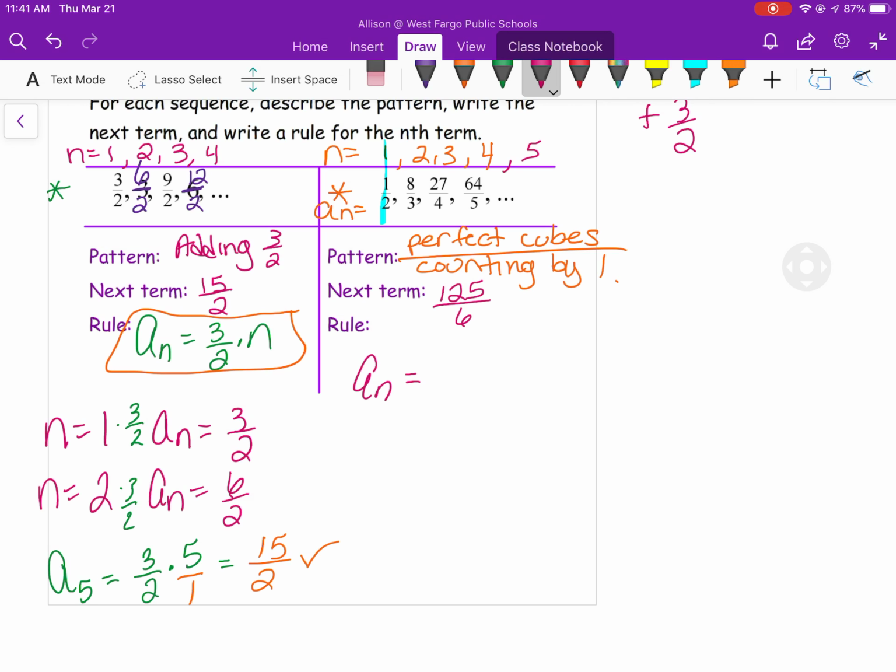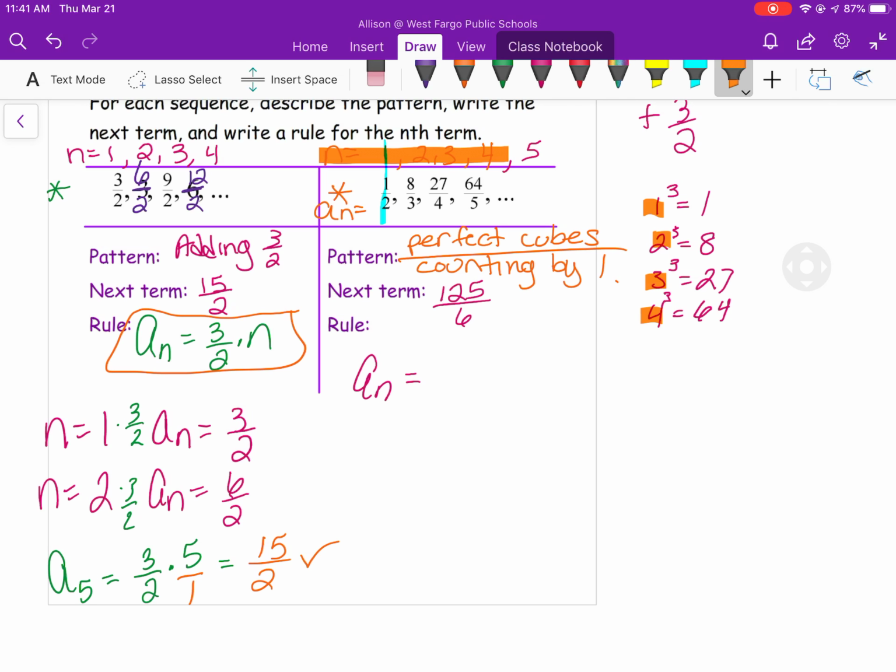Now for my rule, I know that 1 cubed is 1, 2 cubed is 8, 3 cubed is 27, and 4 cubed is 64. So notice how those numbers, 1, 2, 3, 4, correspond to my n equals.